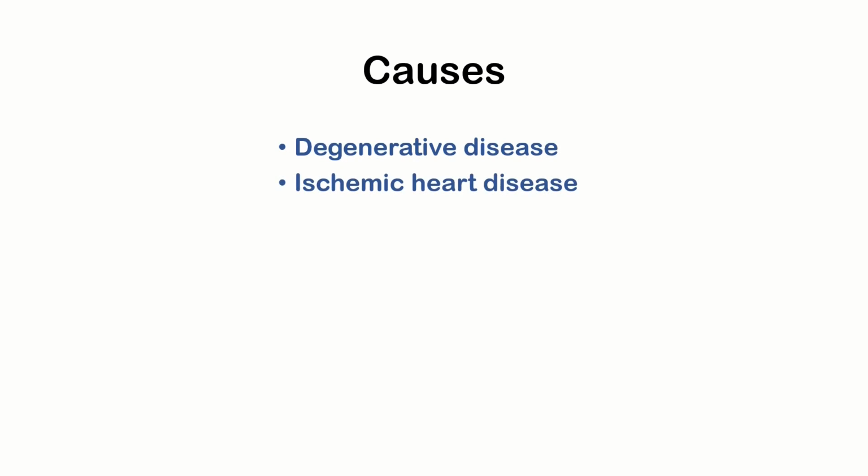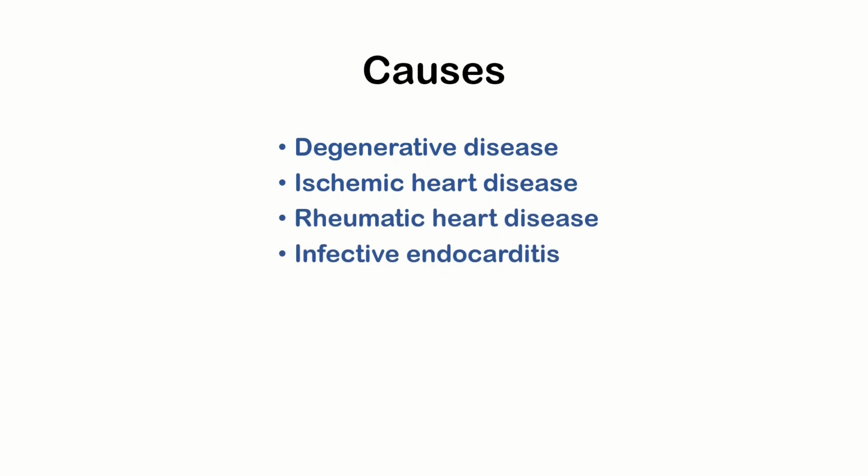Now, let's talk about the causes of mitral regurgitation. Degenerative disease, ischemic heart disease, rheumatic heart disease, and infective endocarditis are the most frequent causes of mitral regurgitation. There will be damage to the mitral valve in these diseases, making it less compliant.